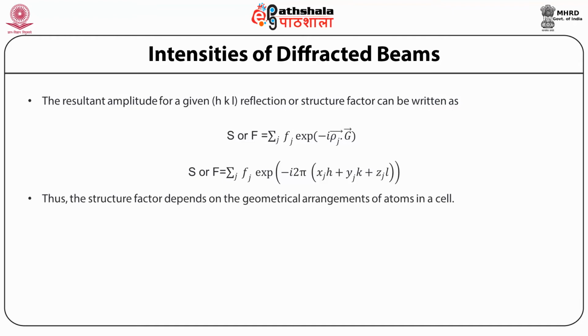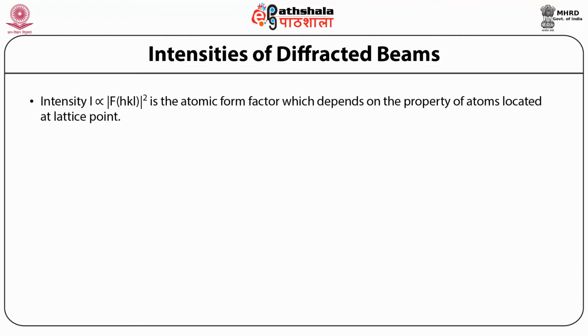Thus, the structure factor depends on the geometrical arrangement of atoms in the cell. Intensity I is directly proportional to the modulus squared of F HKL, where Fj is the atomic form factor, which depends on the properties of the atoms located at the lattice point.